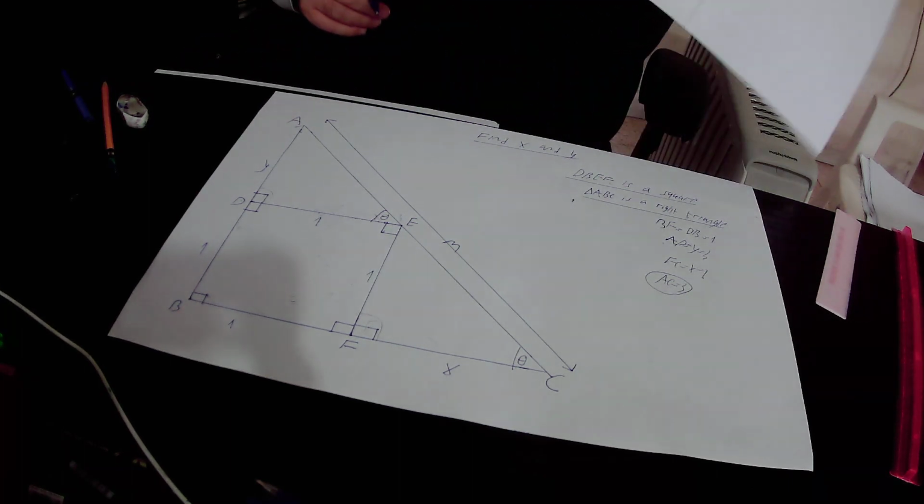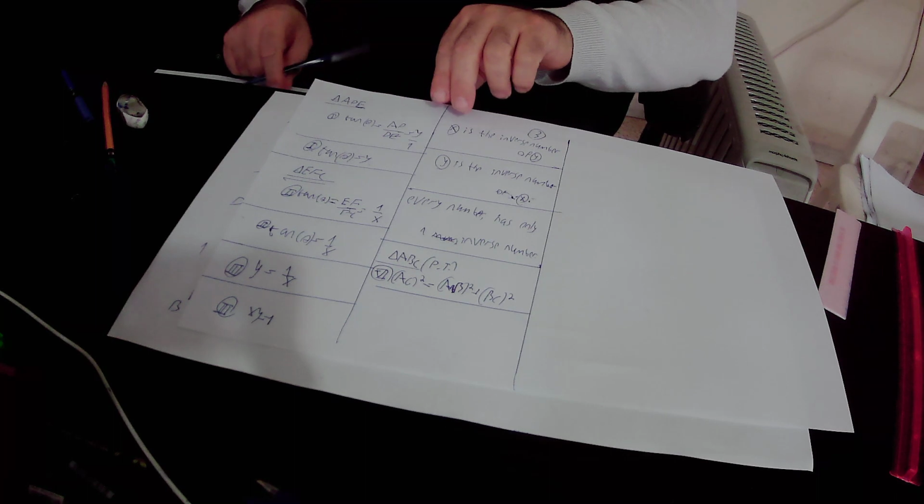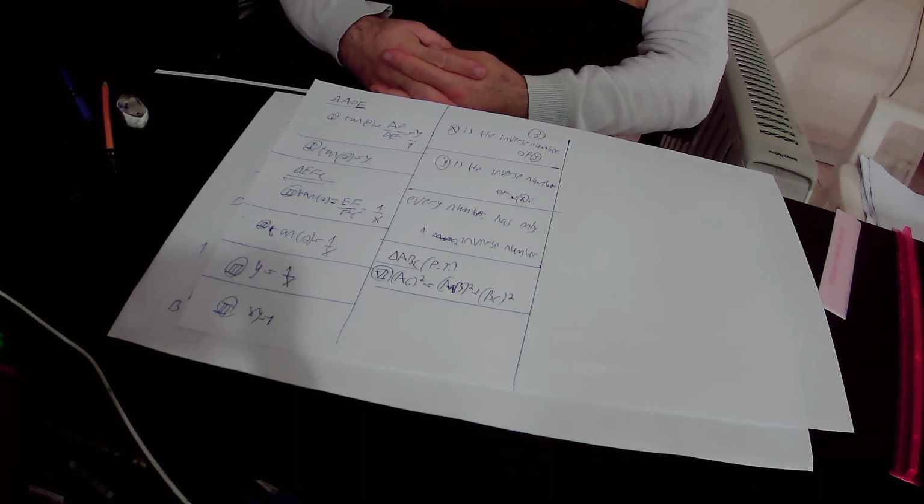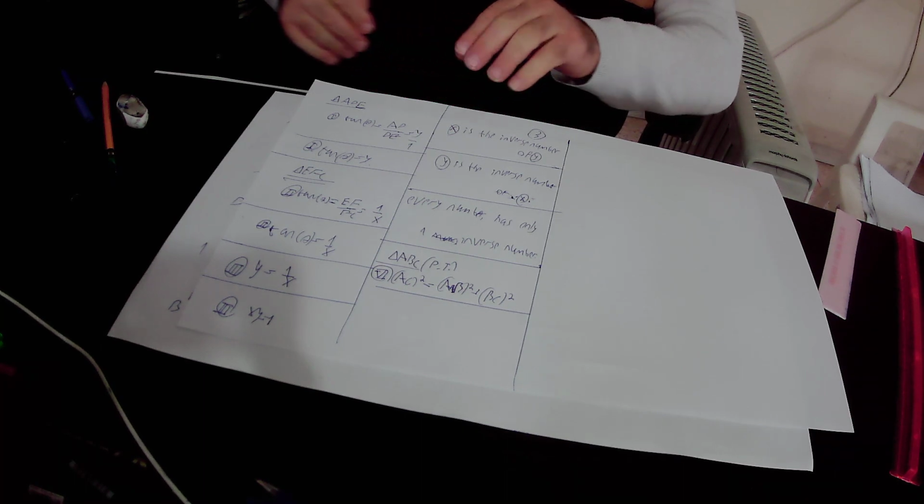I will repeat again, according to the Pythagoras theorem, AC squared equals AB squared plus BC squared.